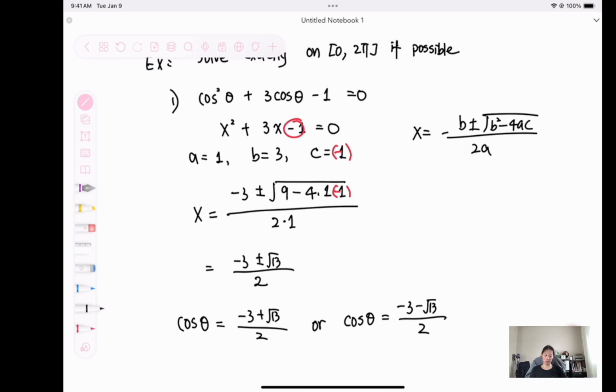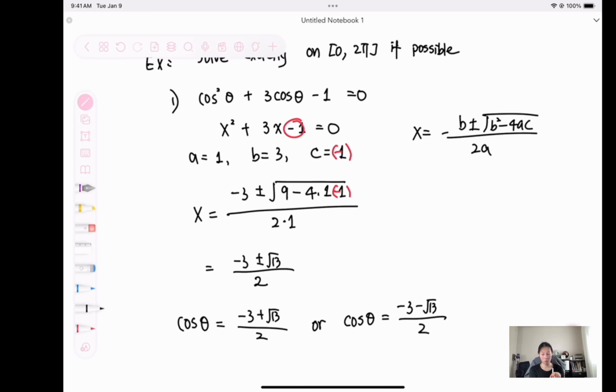Okay, let's see which one would work. So our theta, how do I find it? This is not the special triangle that we deal with, because we deal with 1 over 2, square root of 2 over 2, and square root of 3 over 2, or either 1 or 0. But this is too complicated.